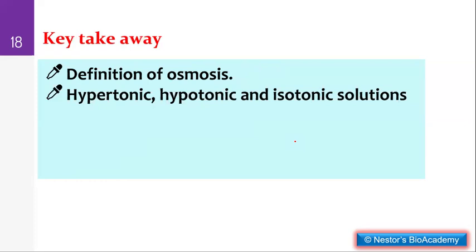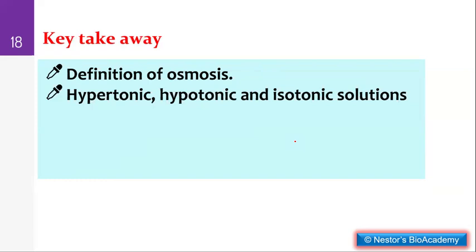Are you referring to a region of high concentration in terms of solute concentration, or high concentration in terms of solvent concentration? So it's crucial for you to avoid that ambiguity by defining osmosis using either of the following statements.